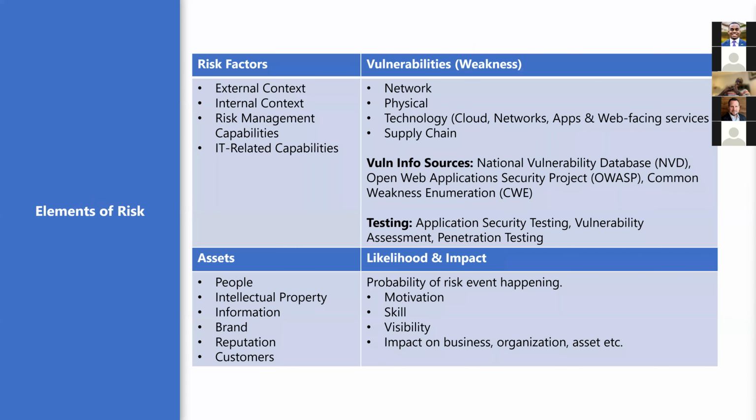So next, what are the elements of risk? What needs to come into the picture to actually become a risk, right? I believe some of us are familiar with words like vulnerabilities, likelihood and impact, assets, and all of those risk factors. You can have a vulnerability and the likelihood of it getting exploited, but if there is no impact, then probably there is no risk, right?